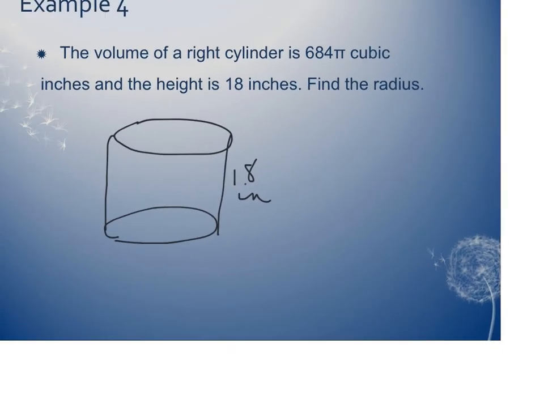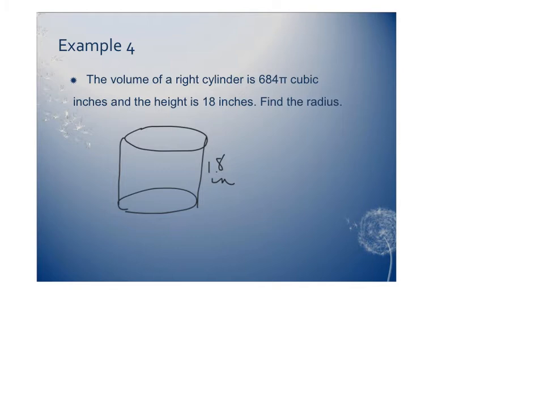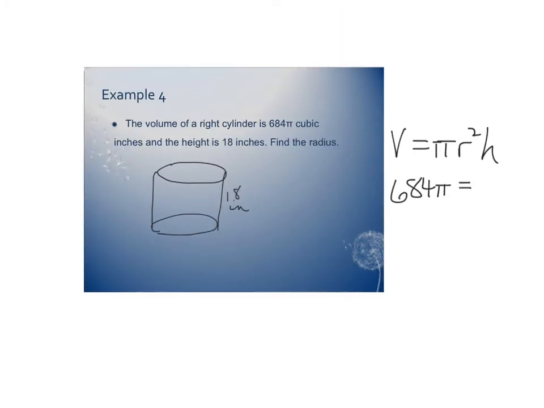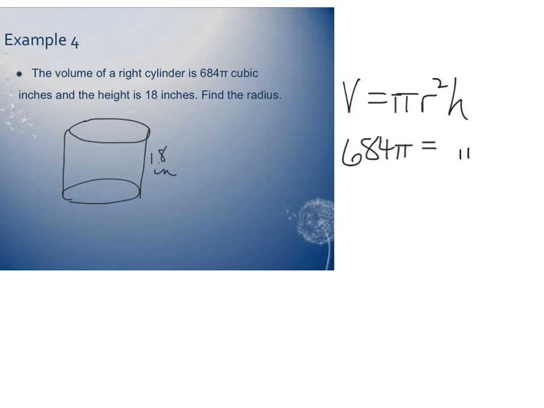So again, I'm going to plug it into the formula. So volume for a right cylinder is pi r squared times height. So I know that my volume is 684 pi, which is equal to pi r squared, and I knew my height because it's 18.